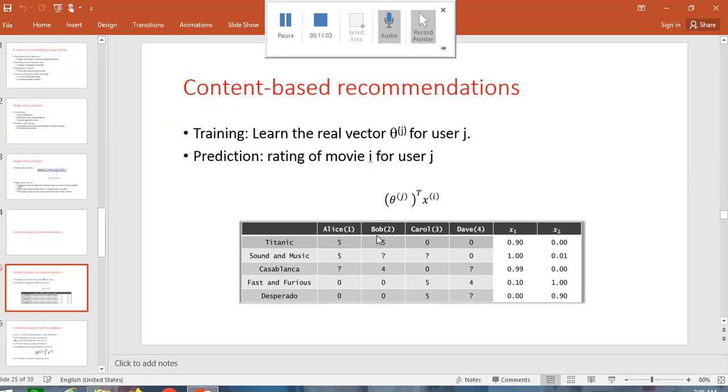These are our points matrix. We have given some examples of movies and some users. Some movies have a very romantic theme and some have a war theme, or rather an action theme. For example, the movie Titanic has an X1 feature of 0.9.